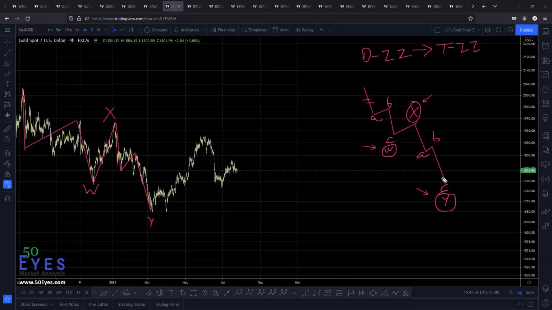If it's a triple zigzag, then it will have another connecting wave X and another A, B, and C leg down. So now that we are aware that a triple zigzag exists, that basically means we can have another connecting wave X and another leg down, right?